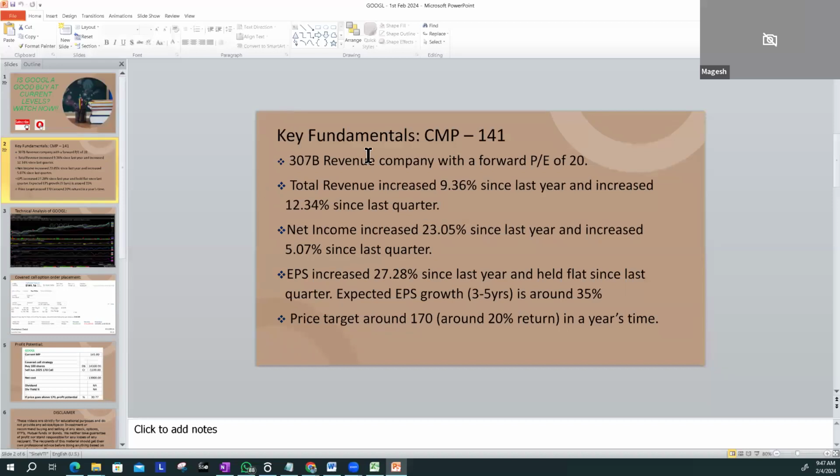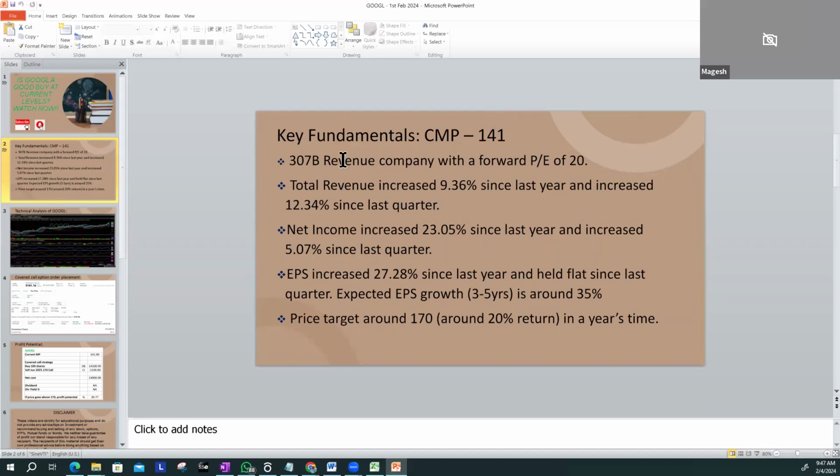So fundamentals: it's a 307 billion revenue company, and it's still growing at more than 10% with a forward P/E of 20. This is the last quarter. Total revenue increased 9.36% year over year, and increased 12.34% last quarter.